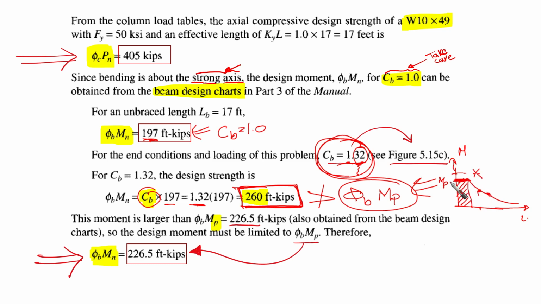We have a limit here, which is MP, the plastic limit. The section would not reach this limit. It would yield before reaching the amount that we are talking about here. This moment is larger than phi b MP, which is 226.5 foot kips. From where did we get this? Exactly.